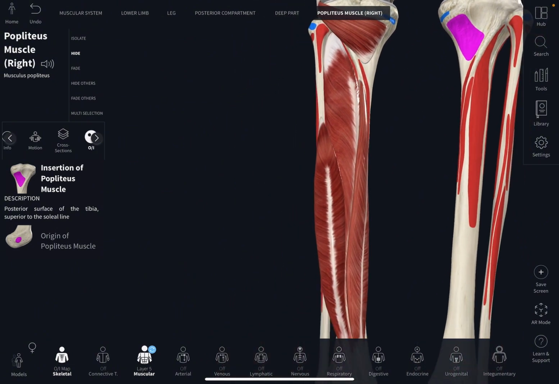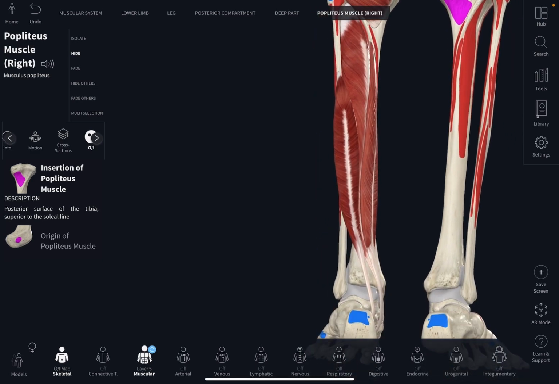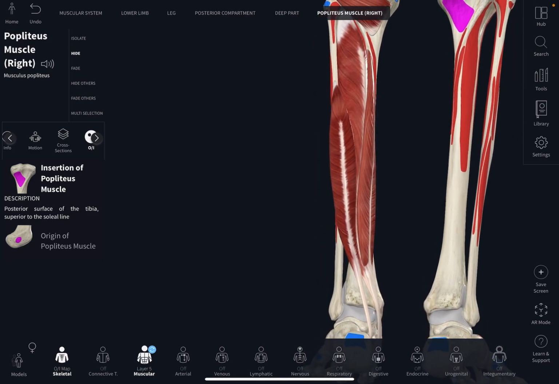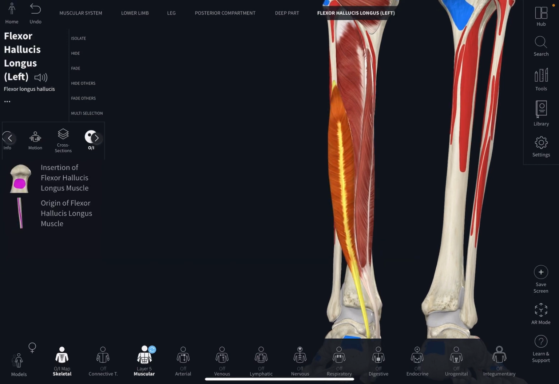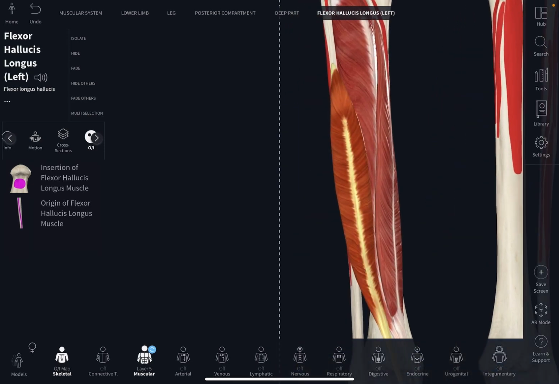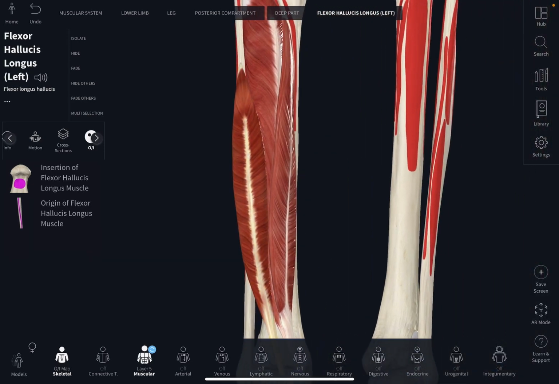Secondly, we're going to have flexor hallucis longus, which is going to be this lateral muscle. This is going to originate from the distal 2/3 of the posterior fibula, right here.